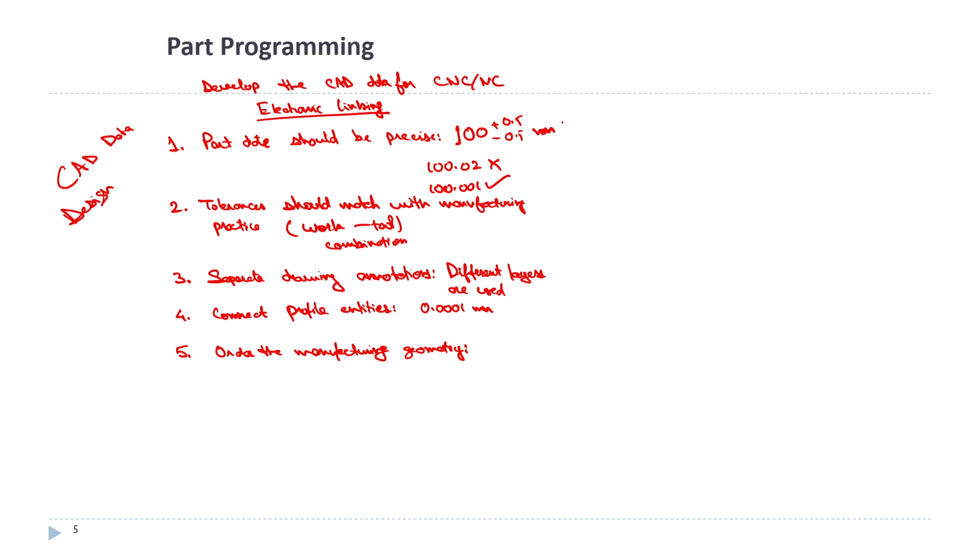This has to communicate with the other part, which is my machine tool.